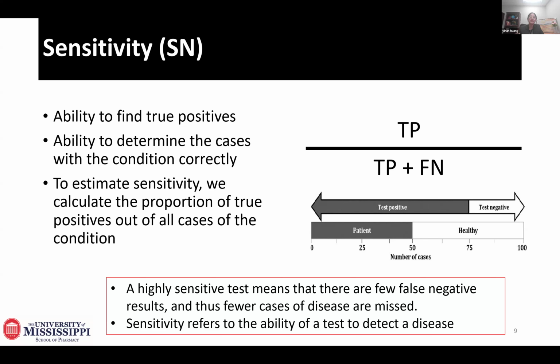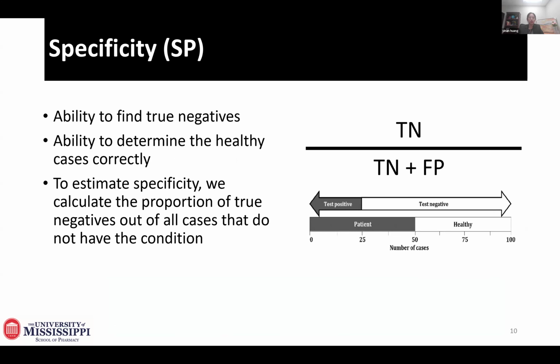Sensitivity really means how sensitive the test is able to detect the disease among the population with the disease. On the contrary, specificity means that among the population who are disease-free, how specifically this test can help to detect the true healthy population.